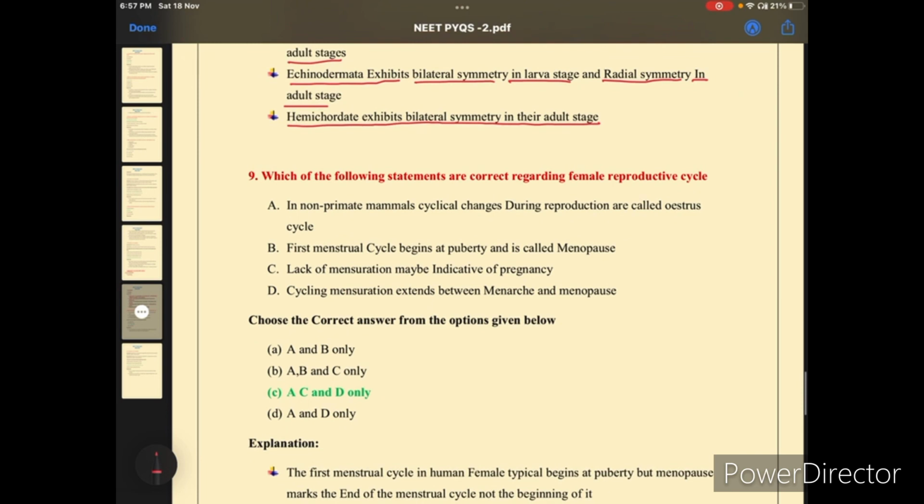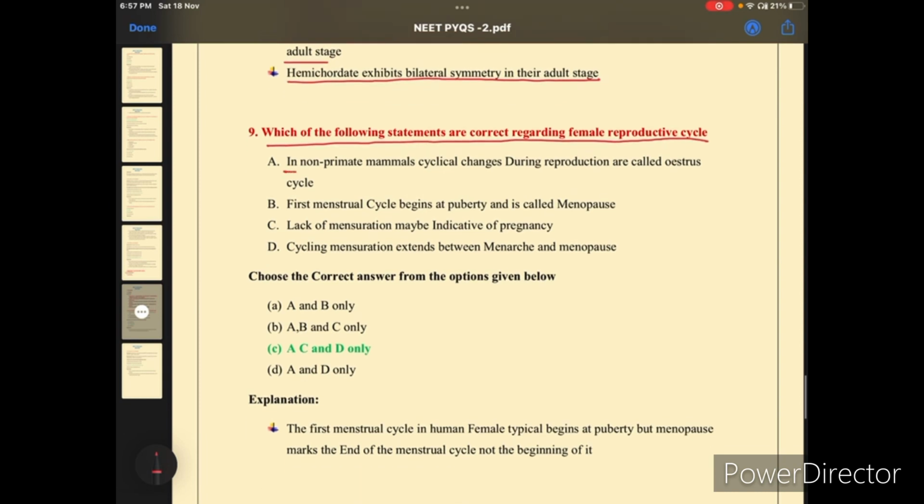So the next question: which of the following statements are not correct regarding the female reproductive cycle? A. In non-primitive mammals, cyclical changes during reproduction are called the estrus cycle.